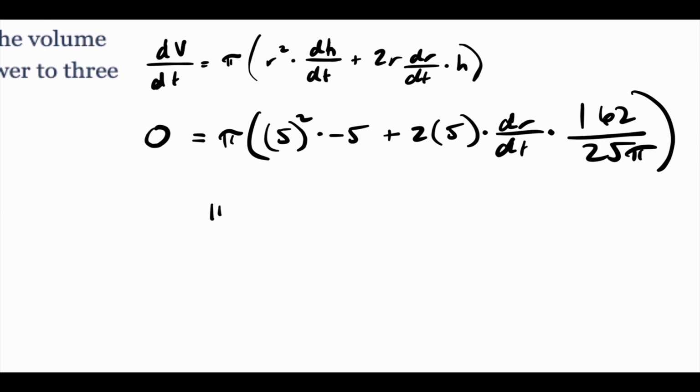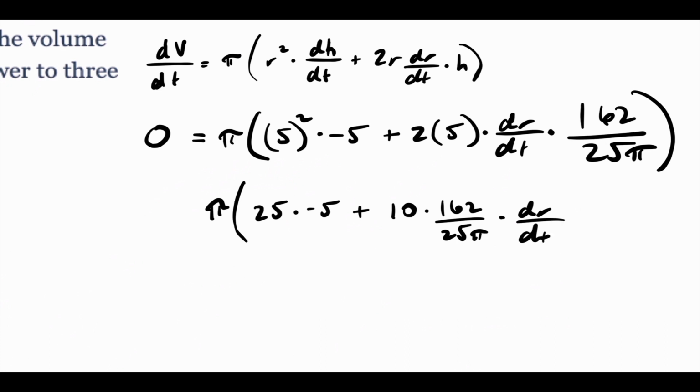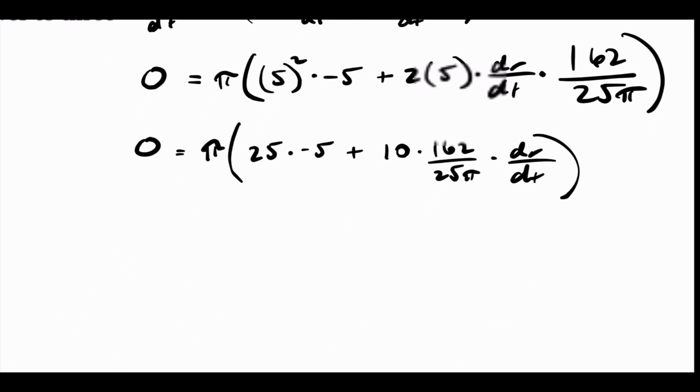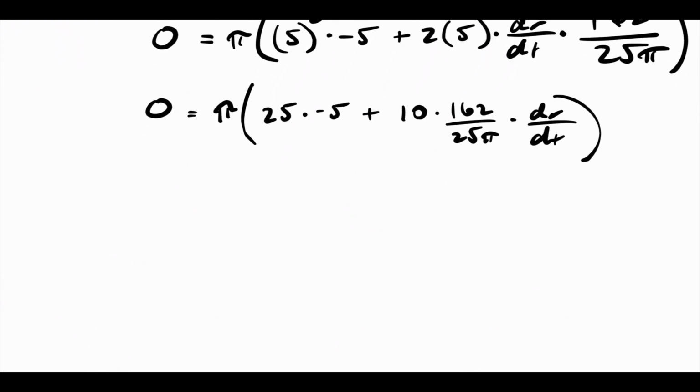So we get pi times 25 times -5 plus 10 times 162 over 25 pi times dr over dt equals 0. Okay.